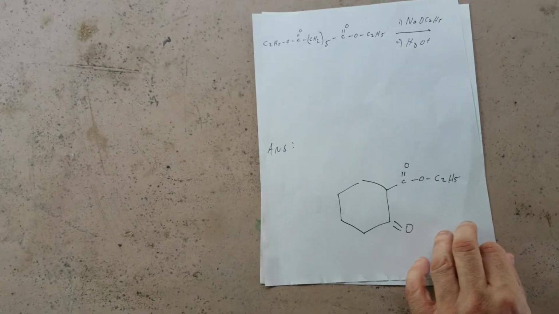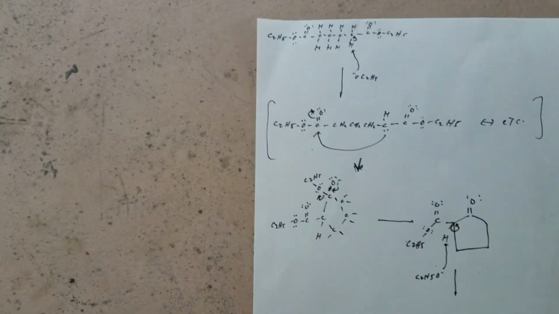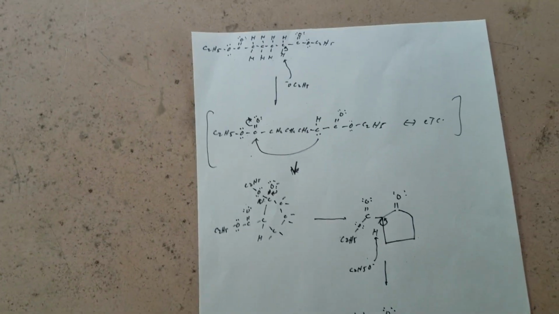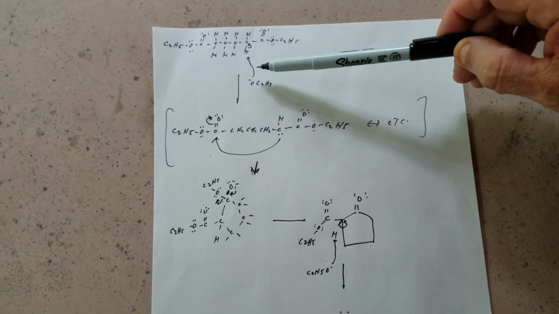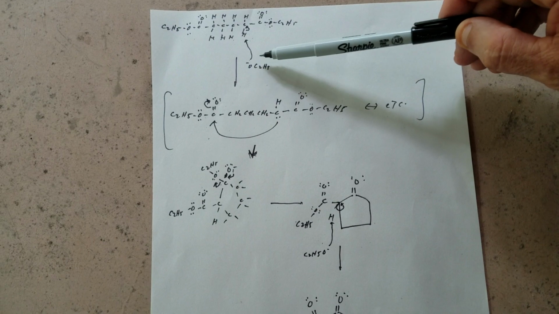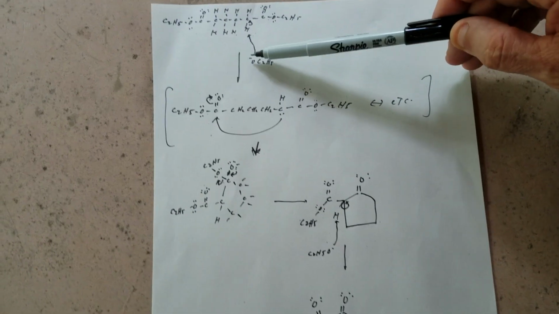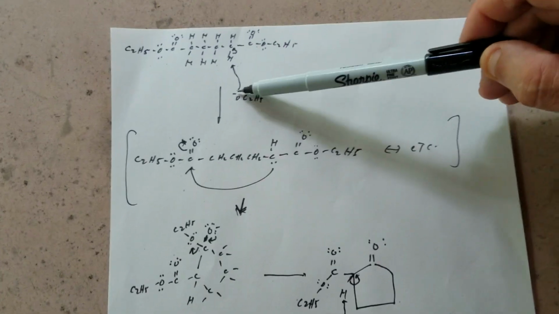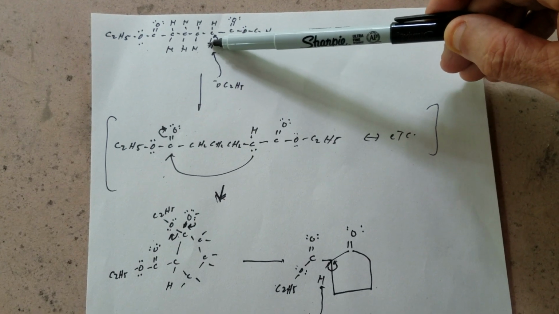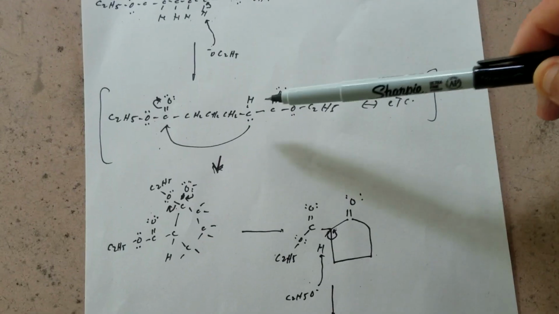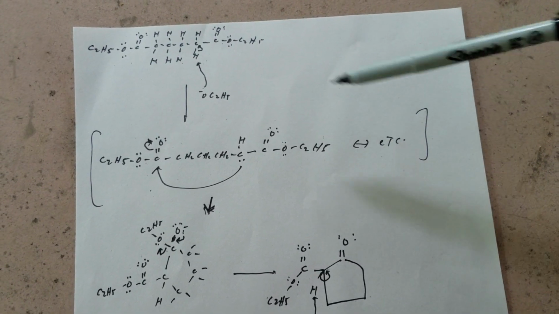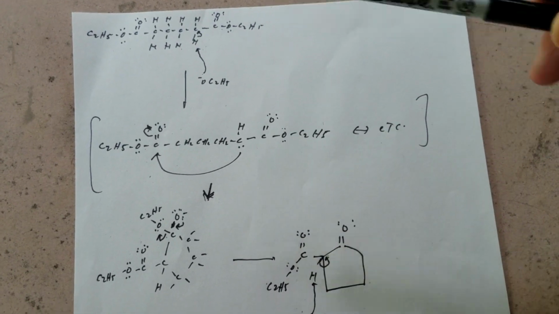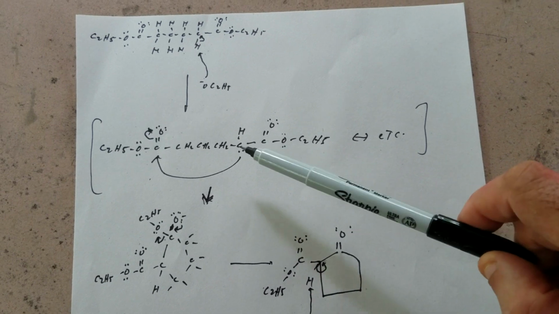Okay, got it. Now, for the students that want to see the mechanism on this, let me just show you how I went about doing this. As you can see from the first example that we did, we'll use that as our example, the O-ethyl group, or the ethoxide, acted as a base, and it removed off the acidic alpha proton to give the ester enolate. There's the ester enolate. It would have resonance, but I didn't show that. I just wrote etc. And now I do my intramolecular attack.